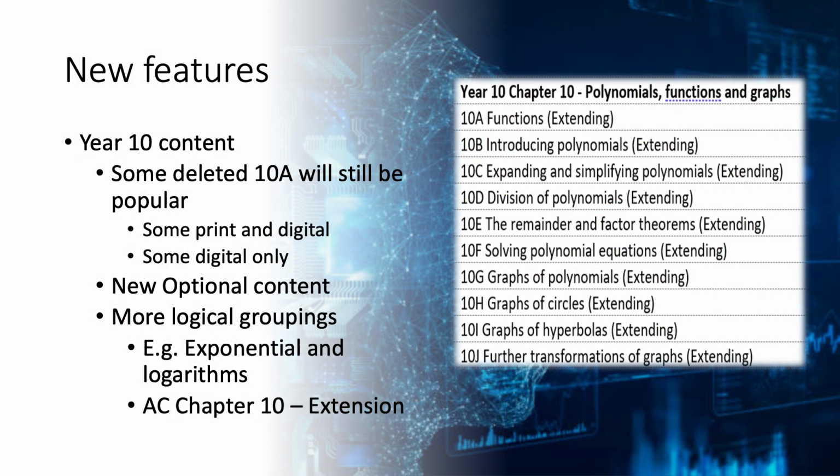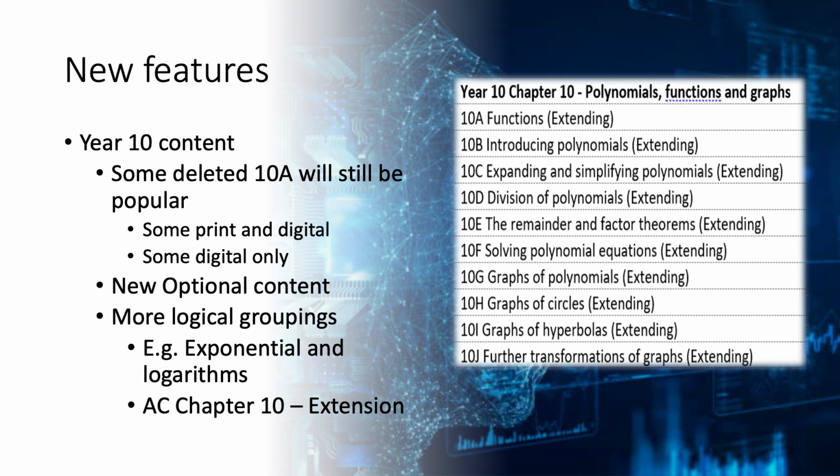There's some other reordering in Year 10 which made sense as well. It made sense for us to put all the extending or 10A material that's no longer in the new Australian curriculum, so it's not in the optional as well.